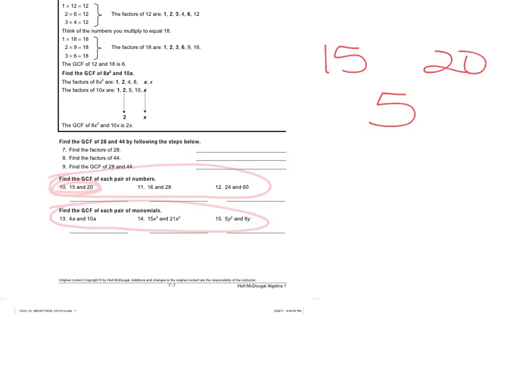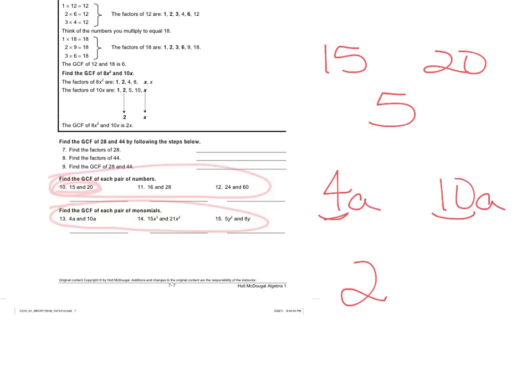Now for the variable questions, for 4A and 10A, we would first look for the greatest common factor between the number part, and we can see that that's going to be 2. And then we're going to look to see if they both have the same letter, which they do, and then you look for the lower exponent.